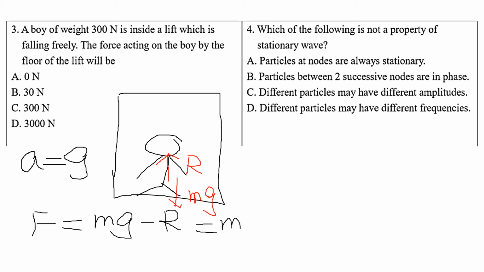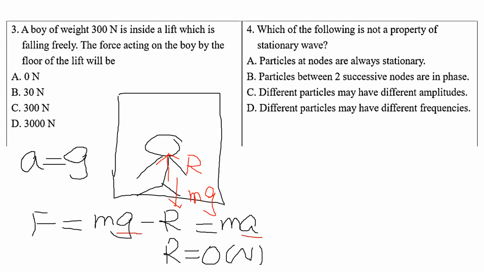And now we know that a equals g. The acceleration equals the gravitational field strength. So we rearrange the equations, then we know that the normal reaction is actually equal to 0. It's easy to understand, right? If you're falling freely, of course there is nothing supporting you. If not, you won't be falling freely, and your acceleration will be lower than 9.81.